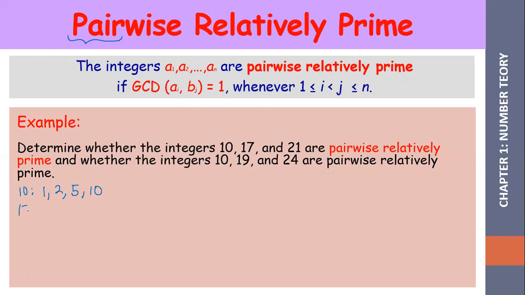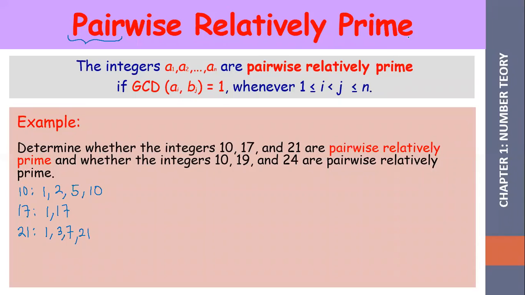How about 17? 1 and 17. How about 21? 1, 3, 7, and 21. Okay, so what is the common divisor?